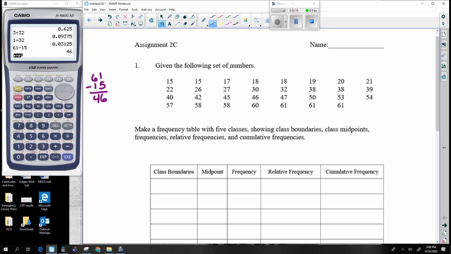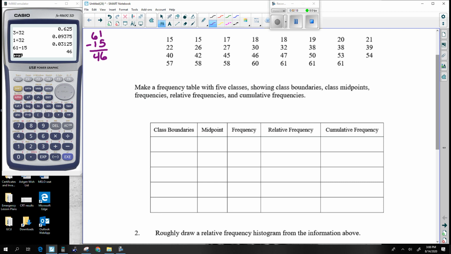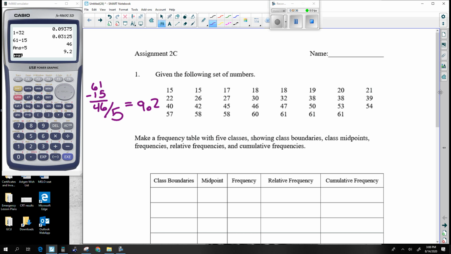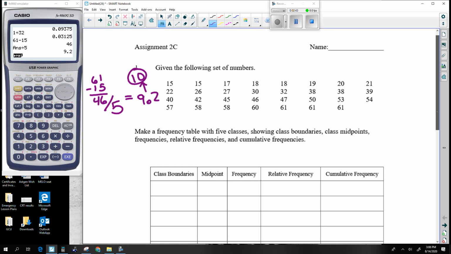I'm going to split these 46 numbers into 5 different equal-sized groups, so I'm going to divide by 5. Regardless of what this number is, small, big, or perfect, you always make that number bigger. So the magic number in this case is 10. On to the rough draft.